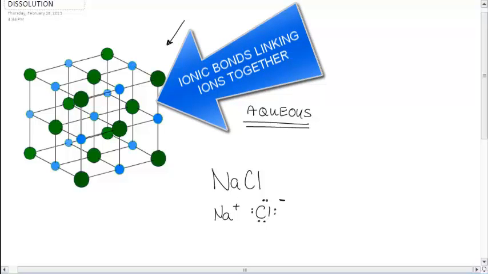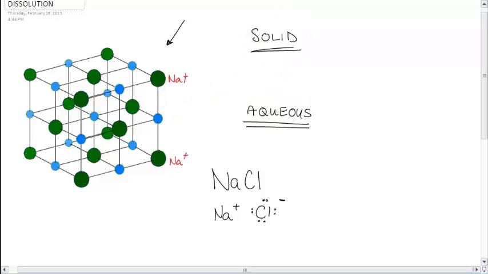These green circles represent sodium ions, and the blue circles represent chlorine ions. Now, because positive and negative attract, these ions sort of get locked together into what we call a crystal. Sometimes it's also called a crystal lattice, right?